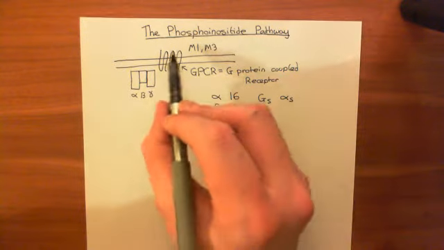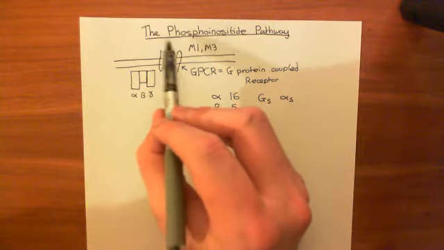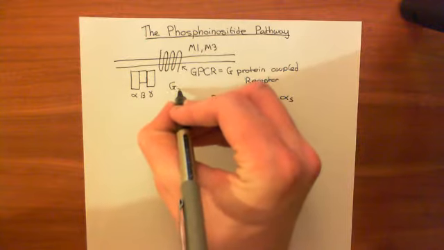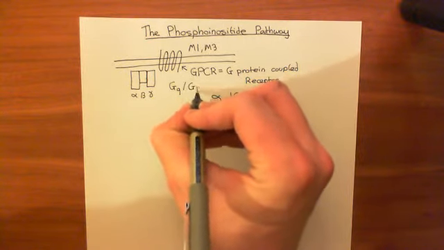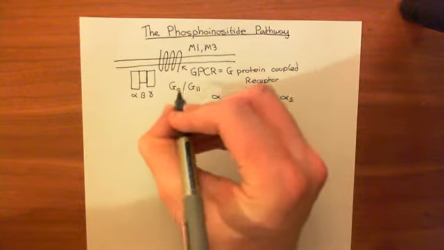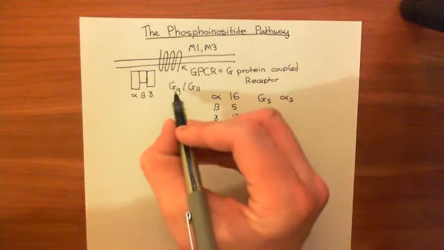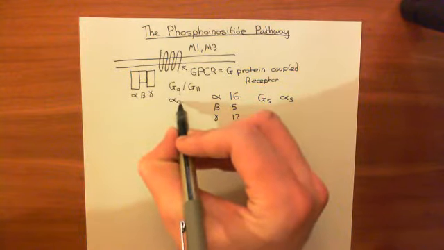Now, the heterotrimeric G-proteins that are going to be coupled to our GPCRs and which are going to activate this phosphoinositide pathway are Gq or G11 G-proteins. So there are 2 different G-proteins which can interact with this phosphoinositide pathway. If you are a Gq G-protein, it means that your alpha subunit is alpha q.